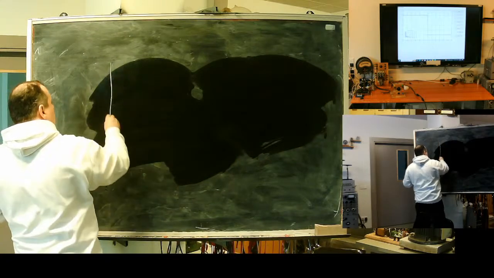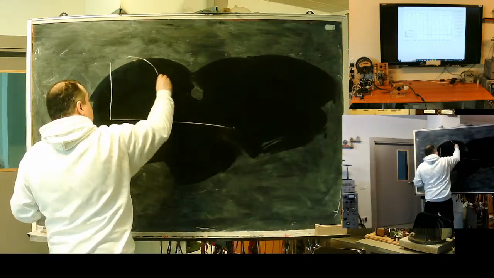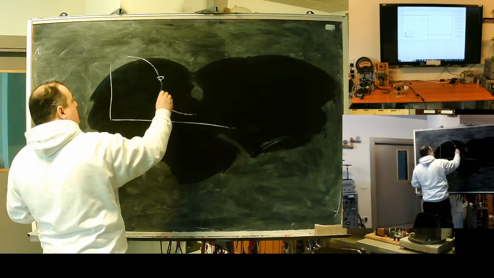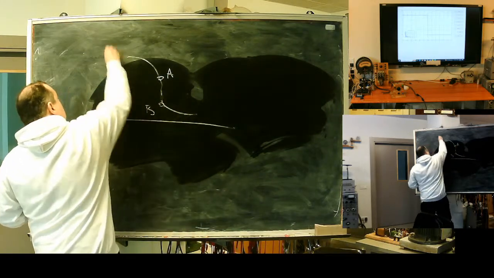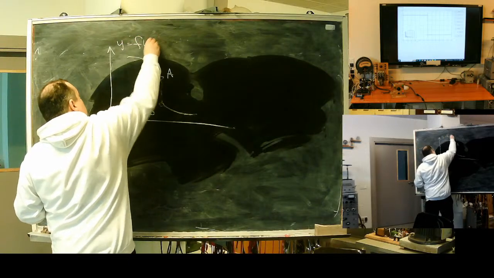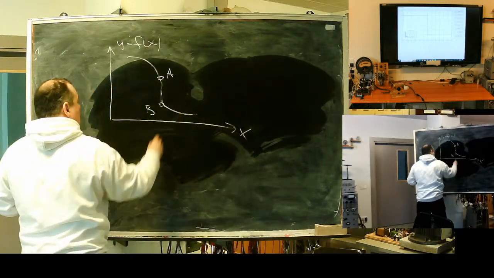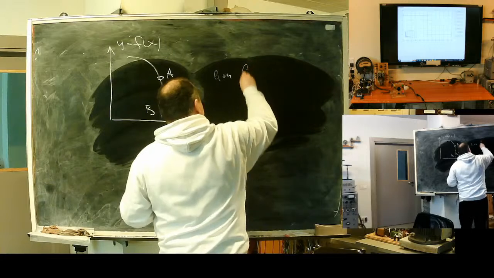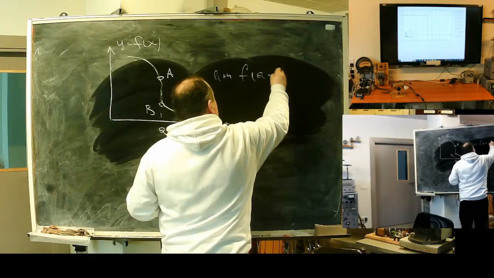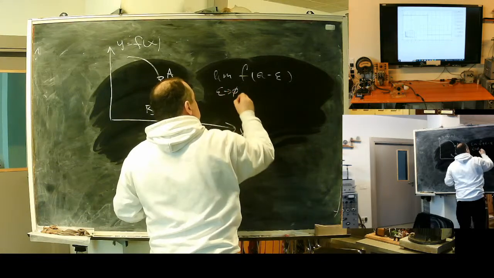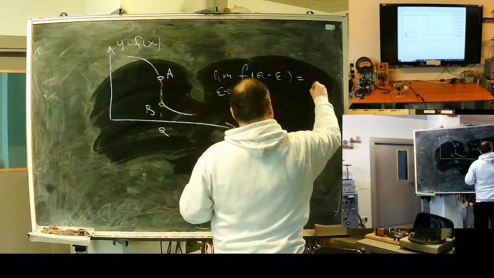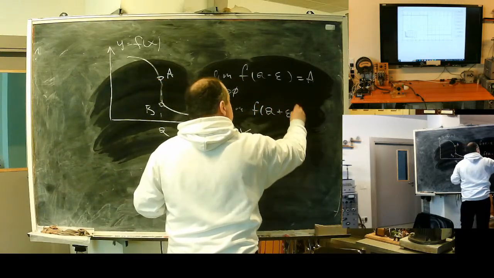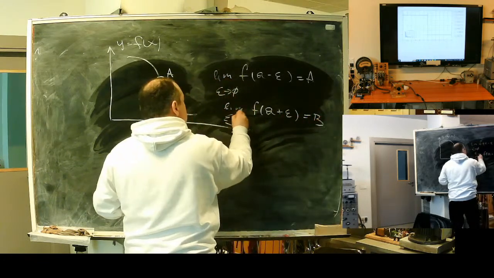Here is the idea as Gibbs presented it. Let's say A, B, we have some y being a function of x, and at the point A we have the limit of the function as epsilon tends to 0, A and A plus epsilon, B and epsilon into 0.